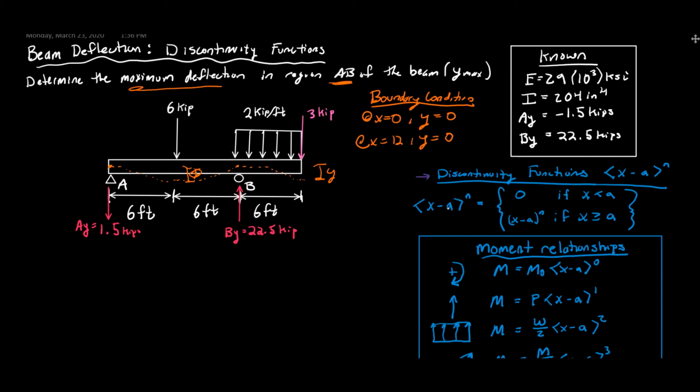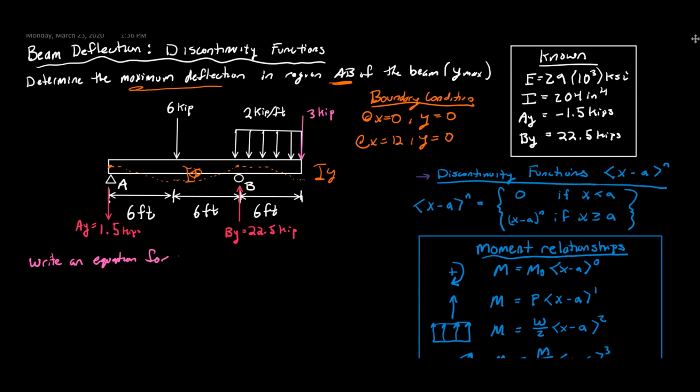And so it's only defined if the thing in the angle brackets is positive. It'll make more sense once we get into the example. But our first step to solve this problem is to write an equation for moment.